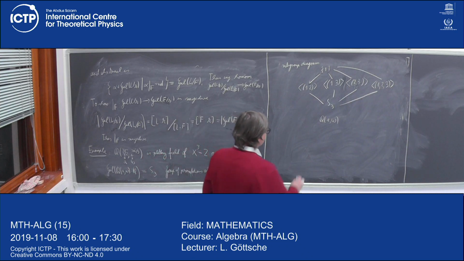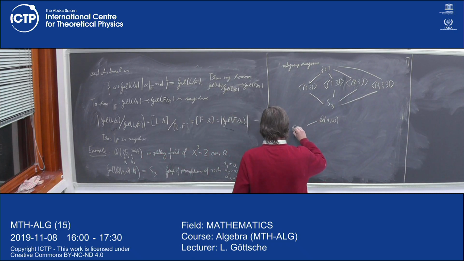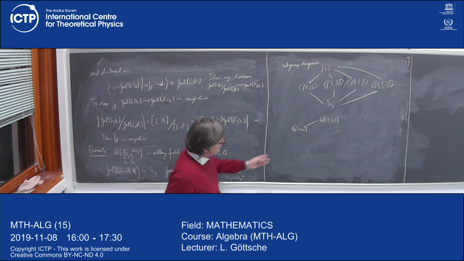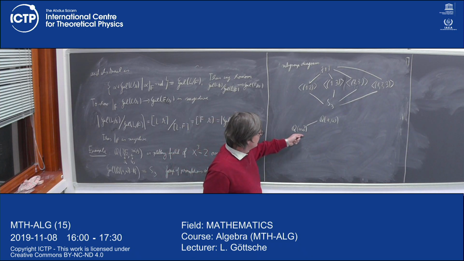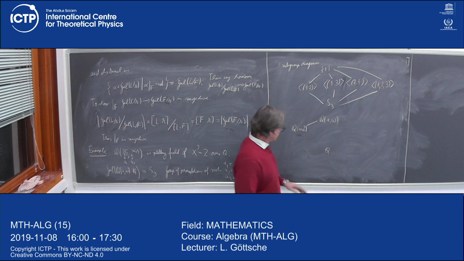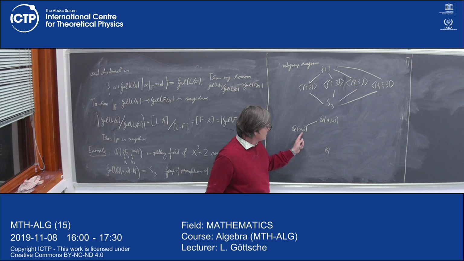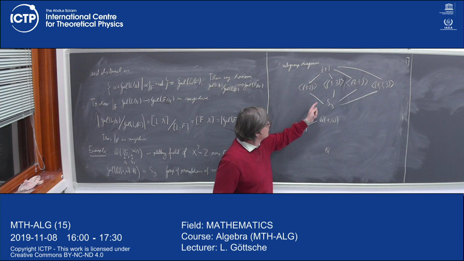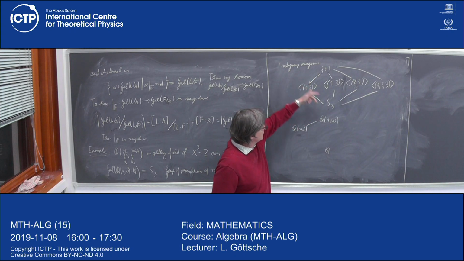So certainly, if I take Q(A omega squared), this is certainly fixed. We only have to see that this is the correct field, I mean has the correct degree. But you can easily see that the degree of this over Q, so here S3 corresponds to Q, and this is the root of a cubic polynomial, so the degree here is 3, as it should be, because the index of this subgroup here is 3. And so this is right.